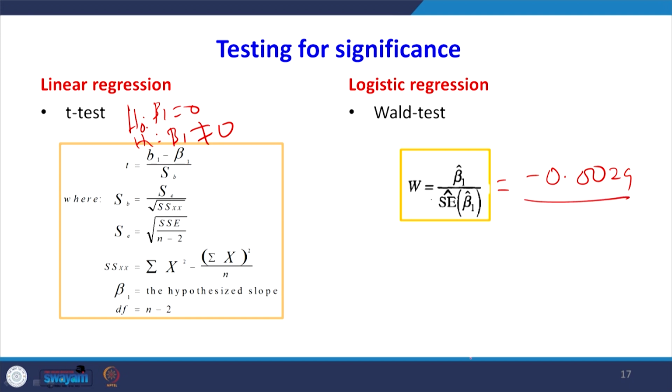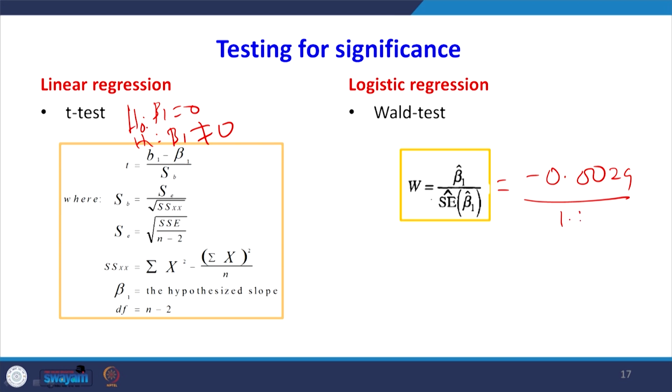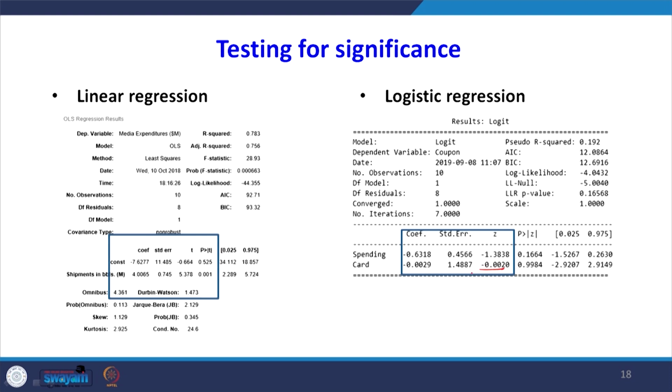The standard error is 1.4887. This is equivalent to your Z value. This Z value will be used to test whether the individual independent variable is significant or not. We got this by dividing minus 0.0029 by 1.4887. This value is your Wald statistic.